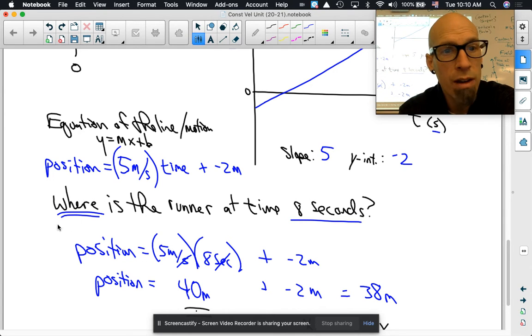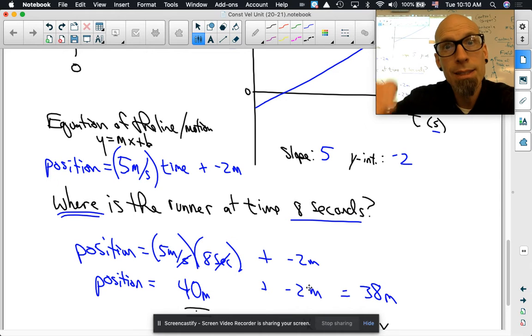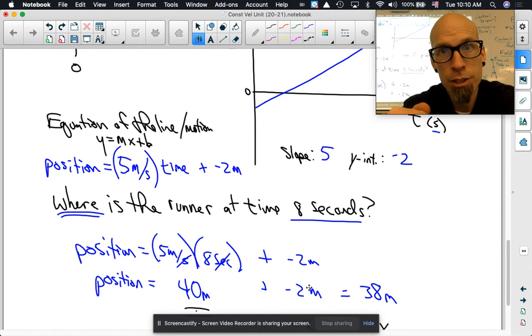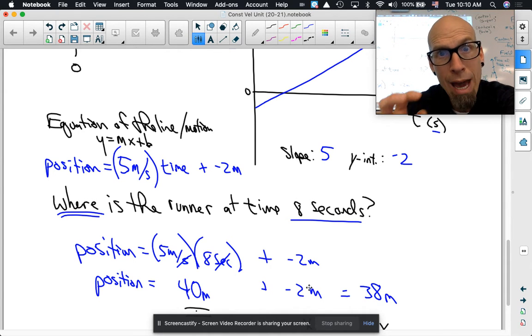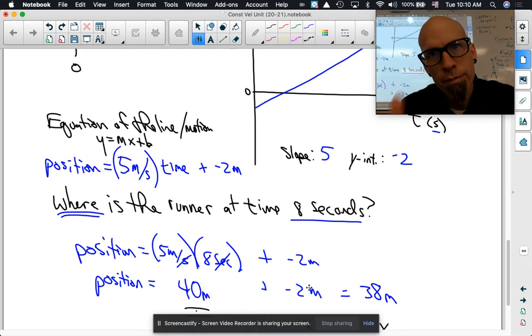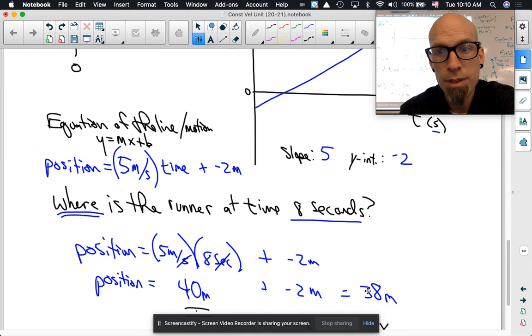But that's not where they were. Where they were is how far they went plus where they started. And in this case, because they started in a negative position, below the zero on the position time graph, when you add that negative, of course, then it tells you that they were only at a position of 38 meters, even though they went 40.